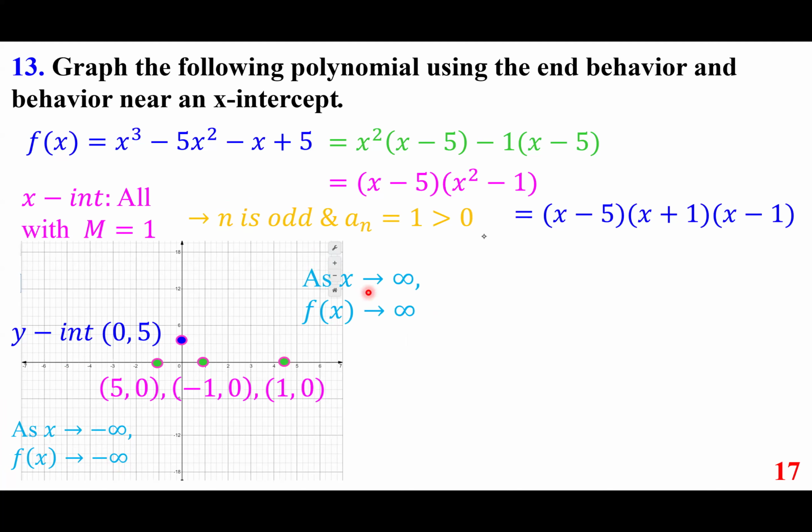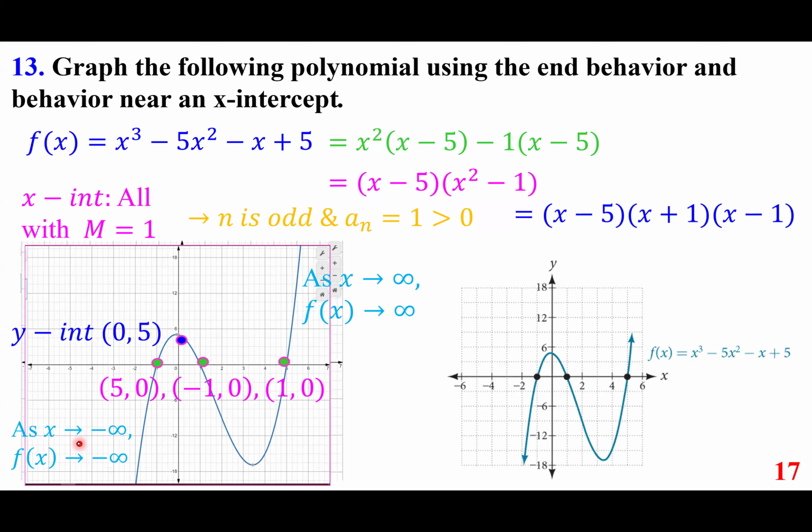And because all have multiplicity 1, or odd, when we hit those, it crosses, then it comes back up, crosses, and it looks like this. And this is an even better graph, everybody.